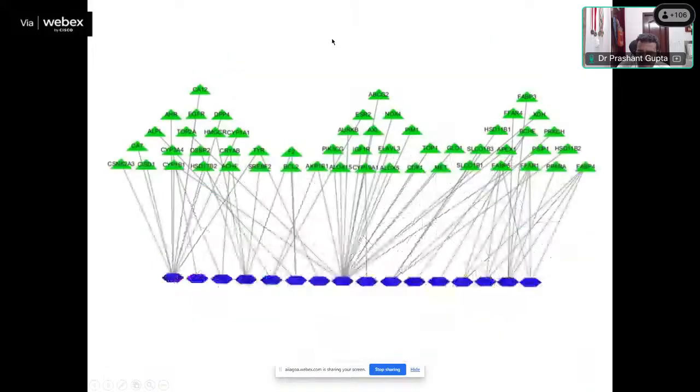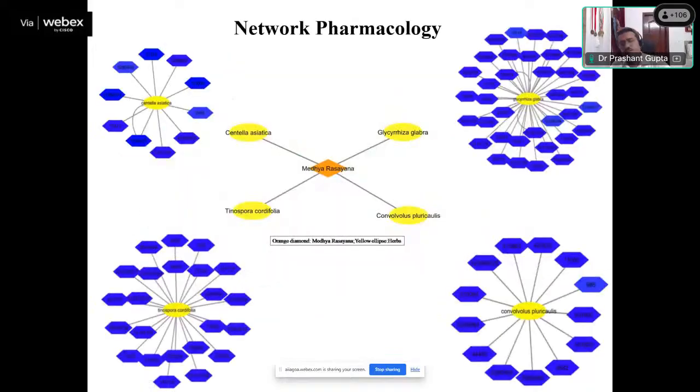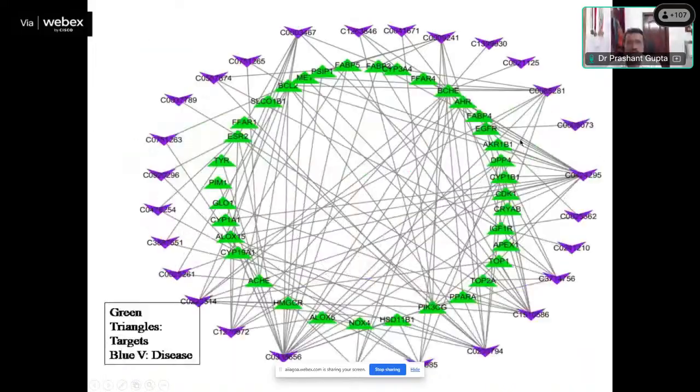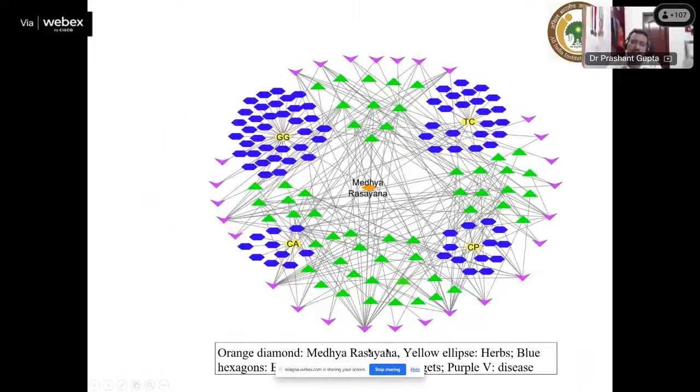So now we can see that for a single formulation, there are herbs, then bioactives, then bioactives to targets, and then targets to diseases. Clubbing up this Medhya Rasayan, we get these 4 herbs, their phytoconstituents, their common targets, and their disease patterns. This is a particular presentation for nootropic activity.